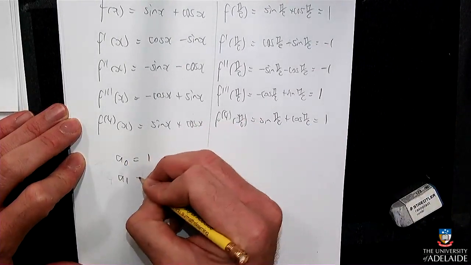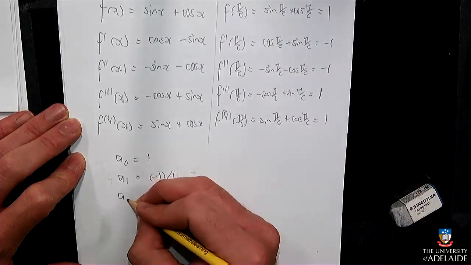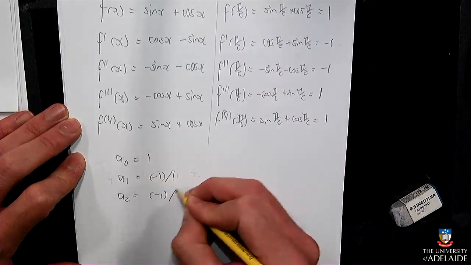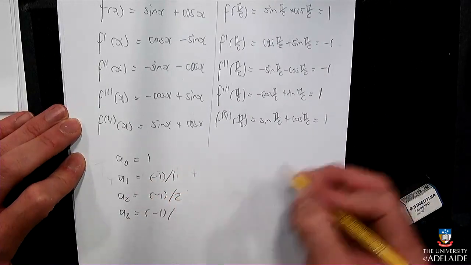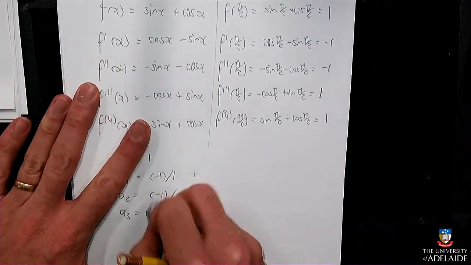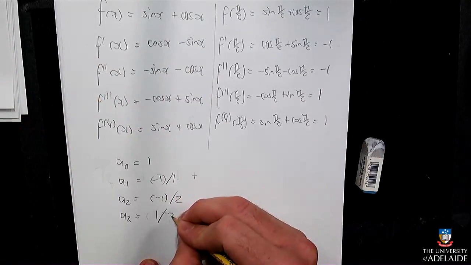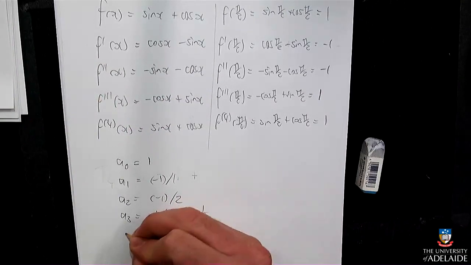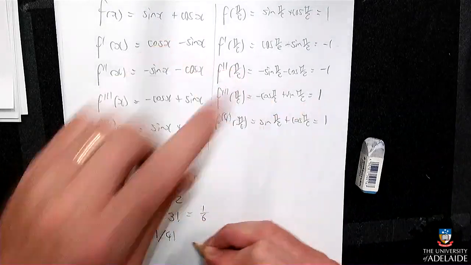The next coefficient is the answer I got for here divided by 1 factorial. The next coefficient is the answer I got here divided by 2 factorial. The next coefficient is the answer I got here divided by 3 factorial. Well, it won't be minus 1 by then, just 1. Divided by 3 factorial, which is a 6. And the last coefficient is this one divided by 4 factorial, which is a 24th.